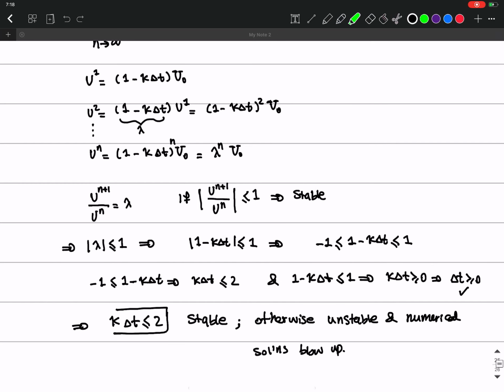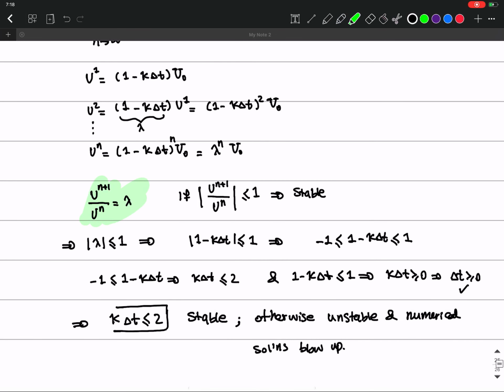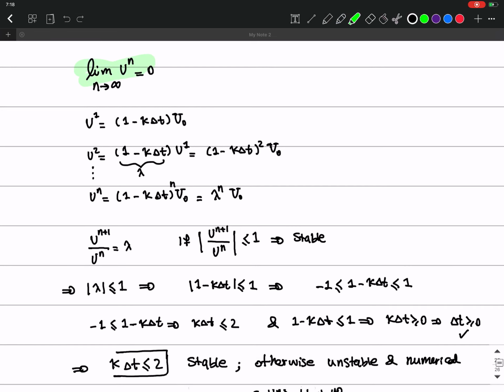And we found that criterion by defining this lambda, which is the value of u at the next step over the value of u at the current step. In order to have a stable case, because your un as n goes to infinity goes to 0, your un plus 1 over un should be smaller than or equal to 1.